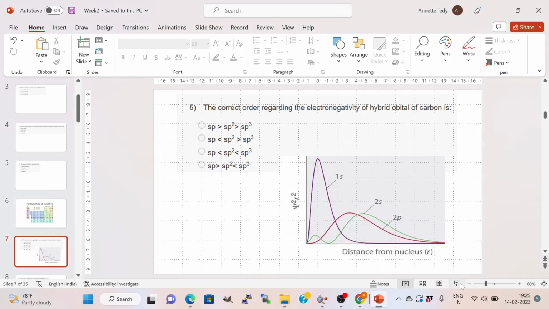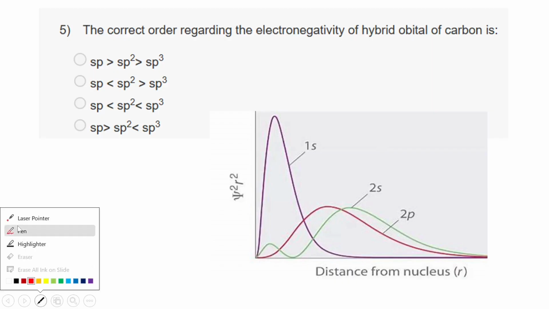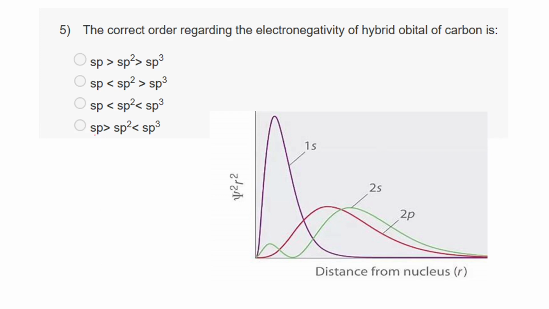So if that is clear, then I'll move on to the next concept, the hybridized orbital. So sp, sp2, sp3 are all hybrid orbitals. If we look at this s and p character, essentially if we look at electronegativity, we have to look at the s character, because as we said, s orbital will have higher electronegativity compared to p.